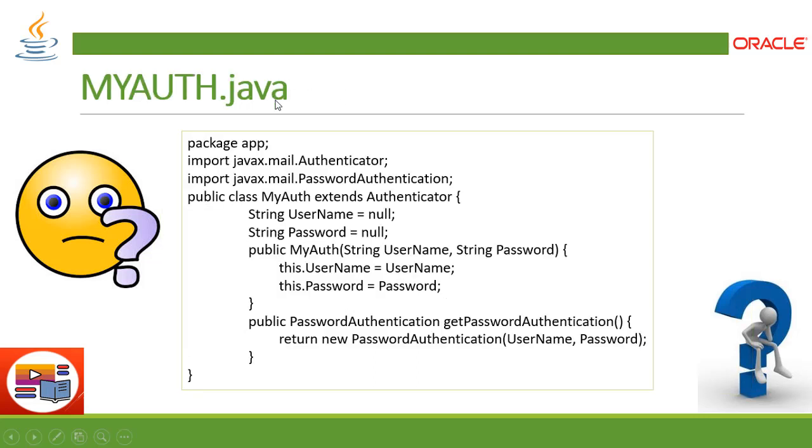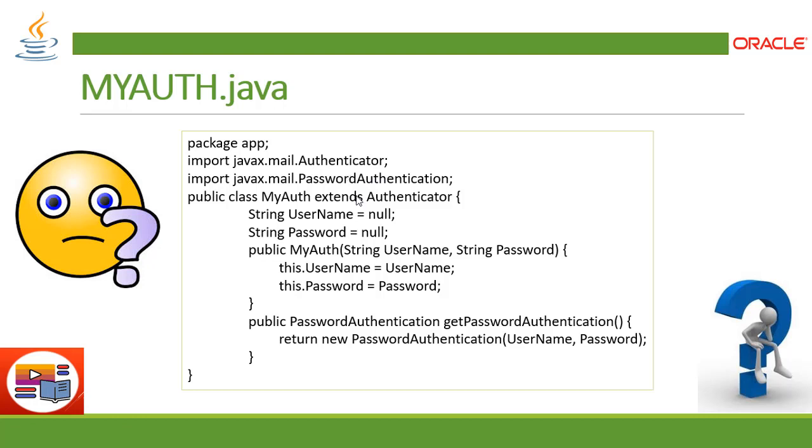Now let's take a look at myauth.java. Package javax.mail authenticator, javax.mail password authentication. This is the library from the activation.jar file, which contains the Authenticator class file.